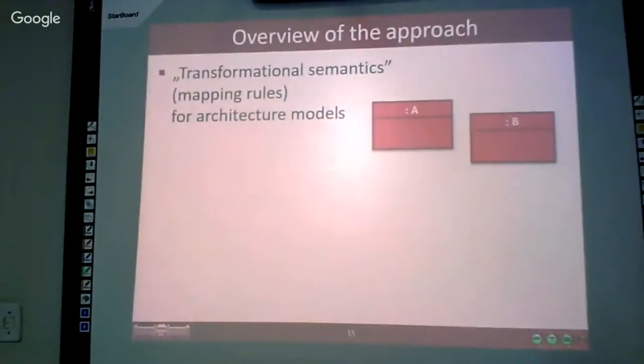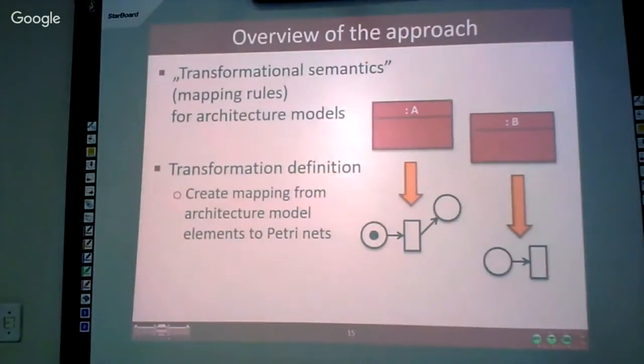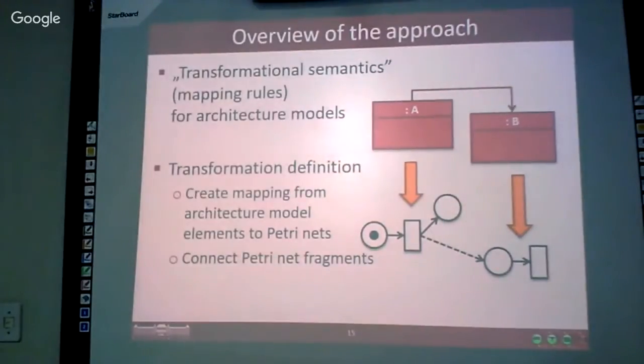And what we did is that we provided a transformation mapping from the architecture models to the formal models. And we provided not just a mapping for the blocks, but also for the associations, for the relations, and also for the software part, the sensor fusion part.